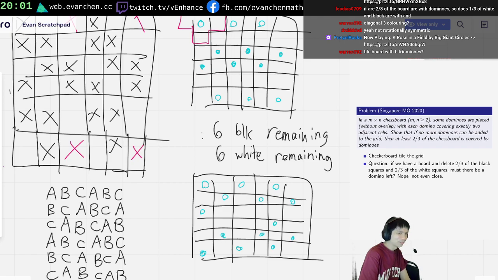That's not a bad idea, actually. I like the L tromino idea, because you need one domino to kill each L tromino, and it might just not be enough. Or something like that? I'm not sure.